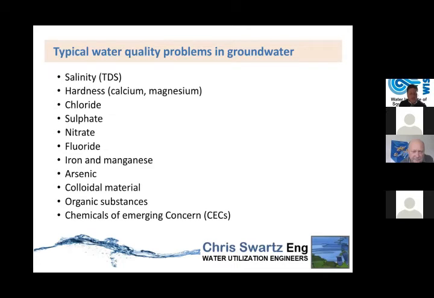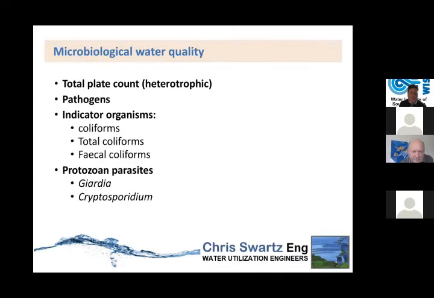These are the very fine, very low concentration substances, hormones, pharmaceuticals, pesticides, and so on that land in the water and that can have very negative long-term effects. We'll come to that just now. In terms of microbiological water quality, we all know that we don't want any pathogens in the water, that's disease-causing organisms.